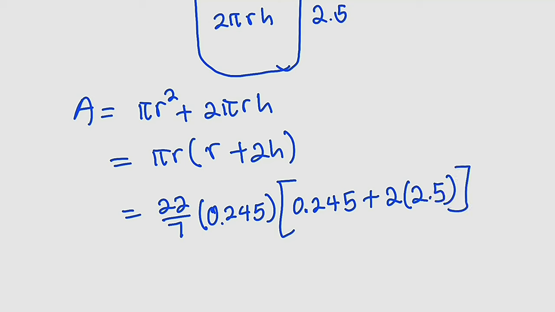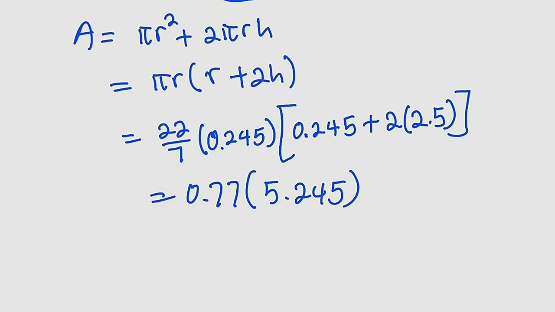This is what we need to simplify. 22 divided by 7 multiplied by 0.245 will give us 0.77. Then we can take 2 and multiply by 2.5, which is exactly this one. That will give us 5. And if you add 5 to this, that will be 5.245. So all you have to do is to multiply these two together.